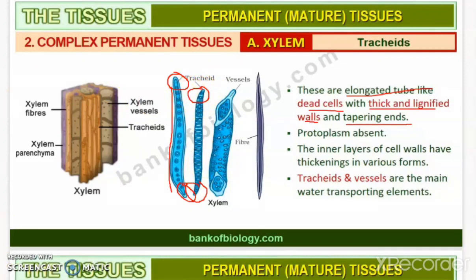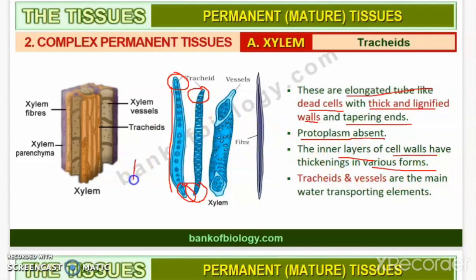Okay, then the protoplasm is absent. What is protoplasm? It is the cytoplasm and the nucleus together. We call it protoplasm, which is the living component of the cell. So as we said in the beginning itself, it is a dead cell, right? So the protoplasm is absent, and the inner walls of the cell wall have thickenings in various forms. That is the inner layer of the cell walls.